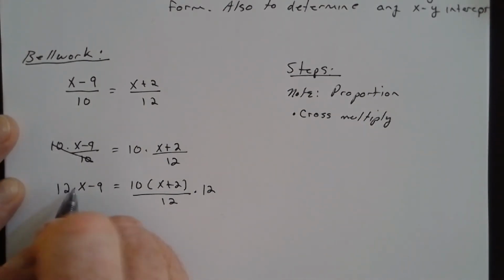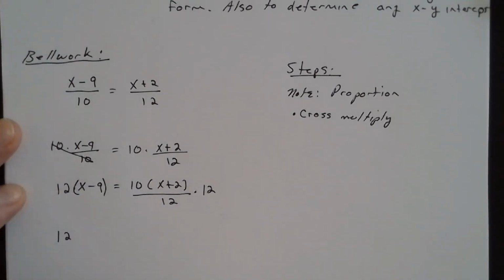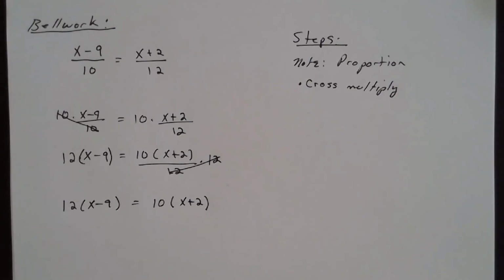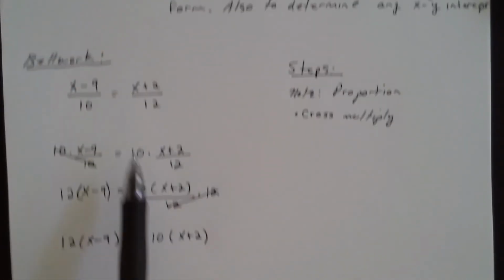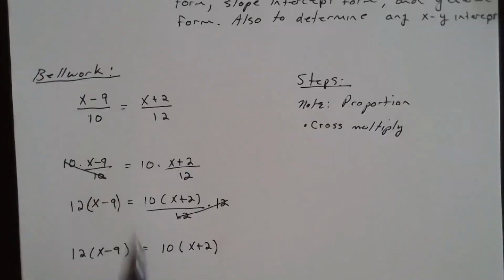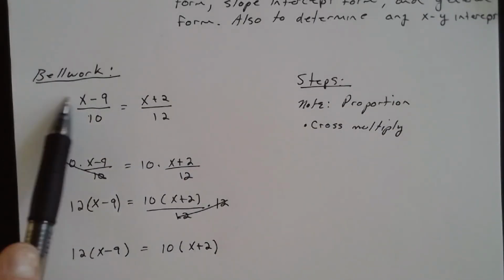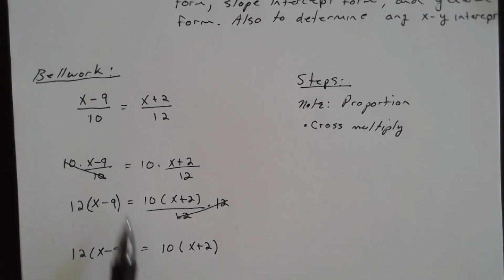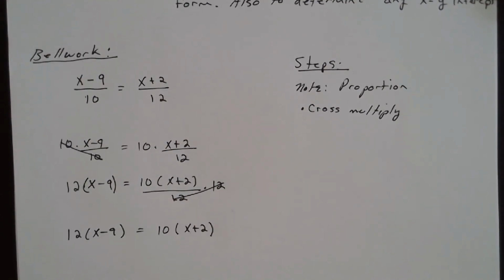And we're going to multiply this side also by 12. The shortcut method of doing this is whatever you see in the denominator, if you start off as 10 and 12, you can jump right to this step here by just putting 12 over here, 10 over here, and eliminating these two steps here. If you see that, okay? If not, then just follow through with the steps. It'll always bring you to the same result.